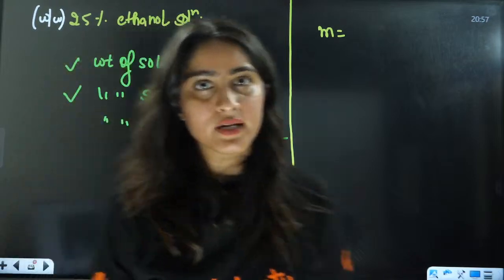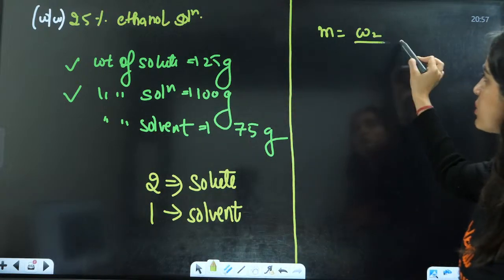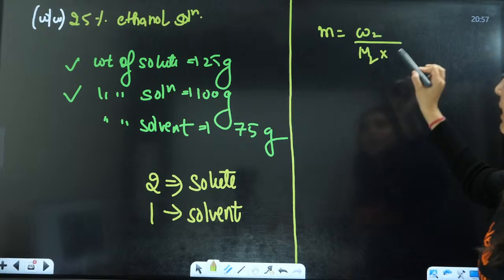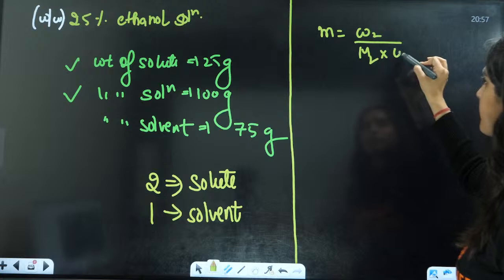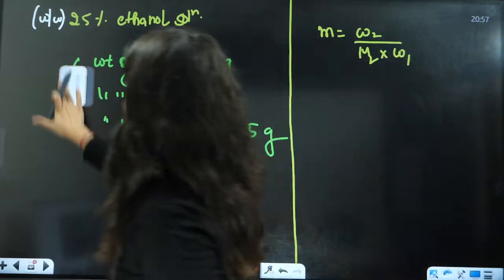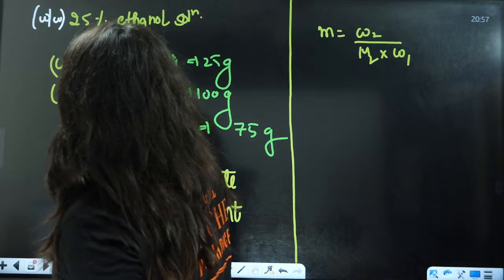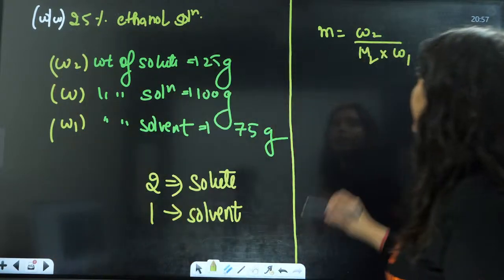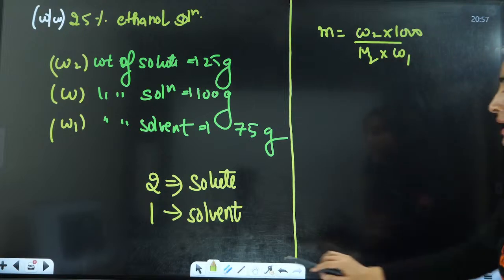So molality is equal to number of moles of solute divided by weight of solvent. Weight of solvent means W1. This is total weight, this is W2 and this is W1, right? So this is weight of this, multiplied by 1000.